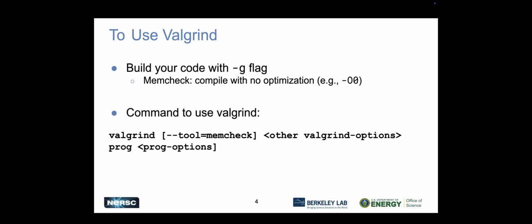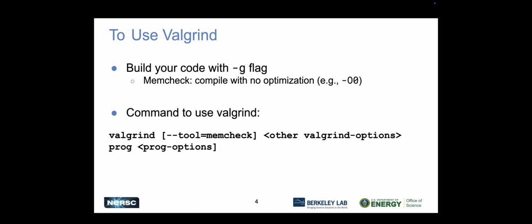So how do you use Valgrind? You have to build your code using the -g flag to include the debug information. For an error detection tool like Memcheck, you had better use no optimization at all, so that you can easily track the function call and see where the function call is made. For the profiling tools, you should use a higher optimization level.